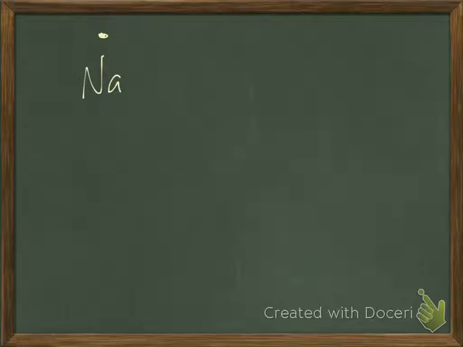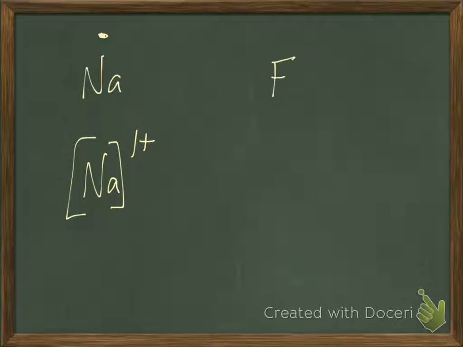That's a neutral sodium atom. That's a sodium ion. Here's a neutral fluoride atom. Here's a fluoride ion, and if you're doing notes on here, you can just copy and paste. Makes it pretty nice.